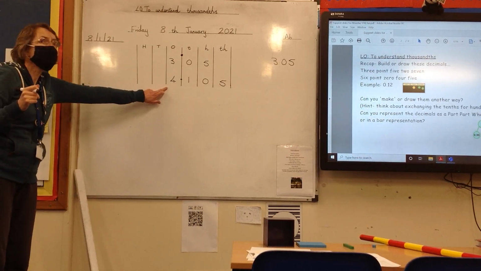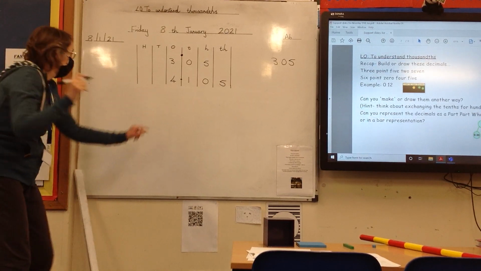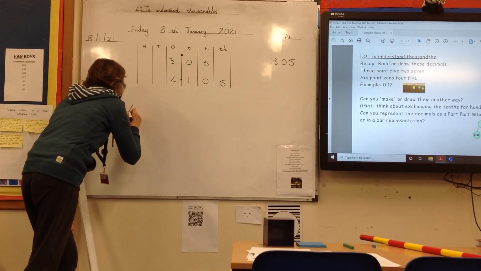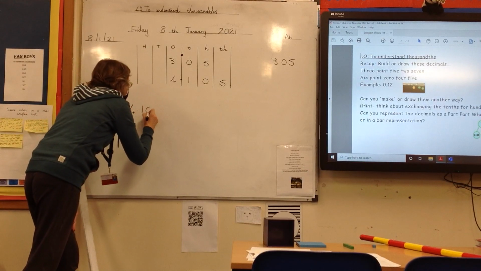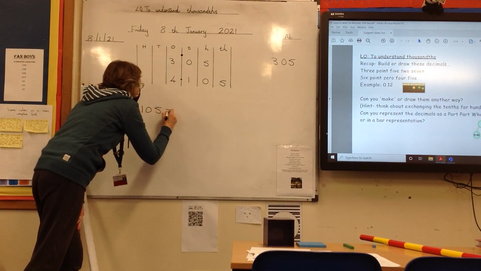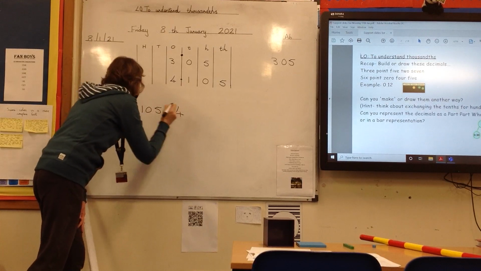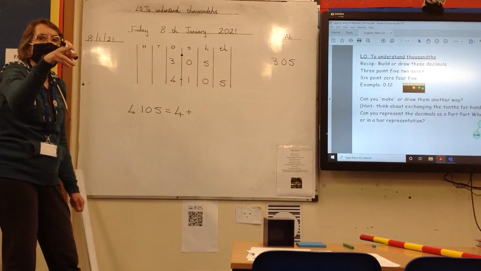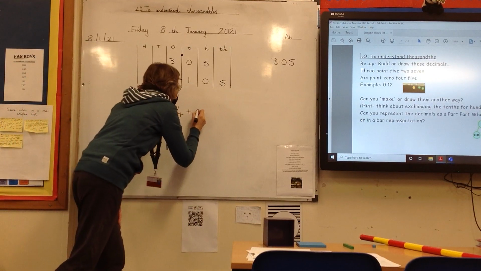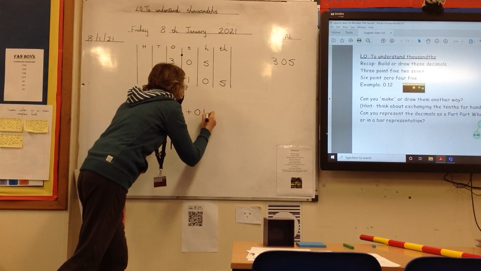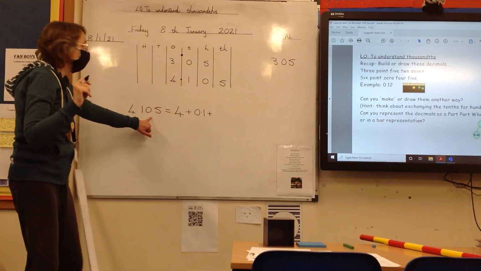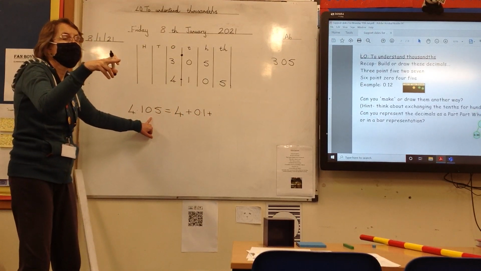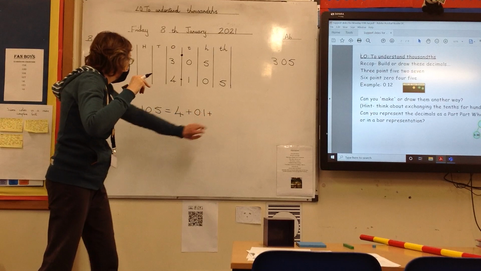How many whole ones are there? 4. There are 4 whole ones. Good. How many tenths are there? 1. So that's 0.1. Good. How many hundredths are there? 0. None. Good. So we don't need to pop it in there.